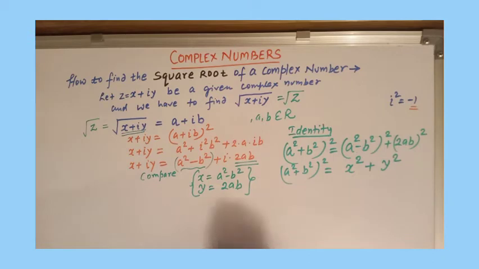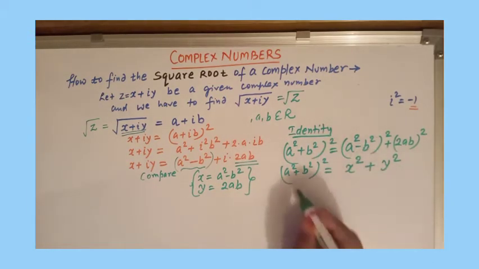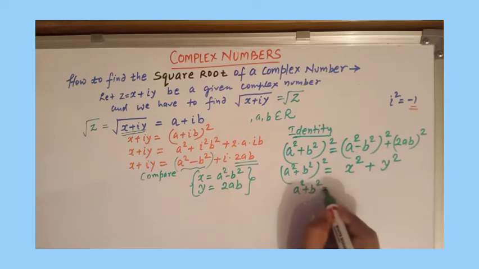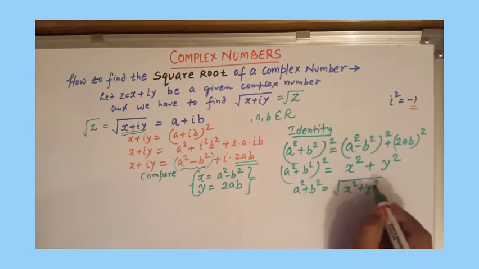Clear? And now we can write this equation as a square plus b square is equal to square root of x square plus y square.